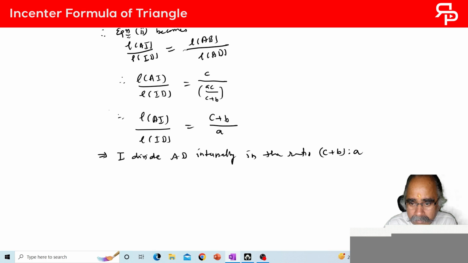So we got the ratio in which I divides AD. Now we'll use section formula to find coordinate of I.